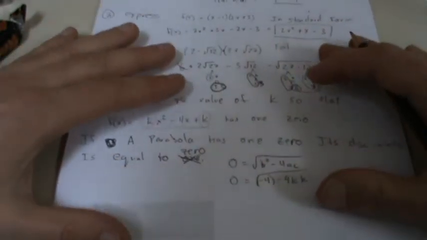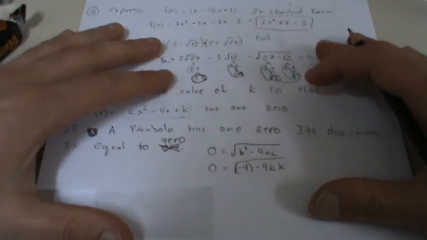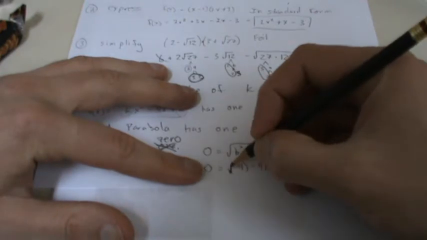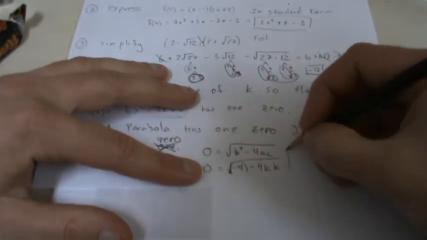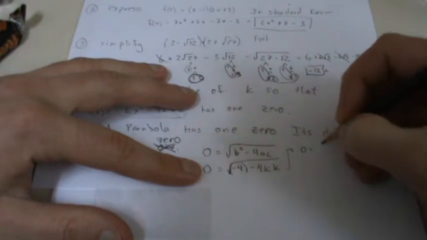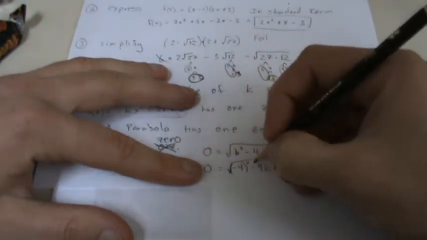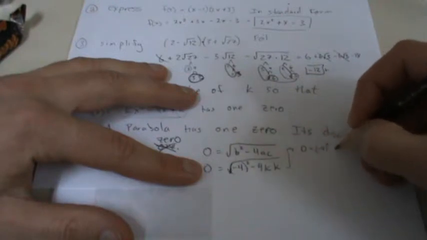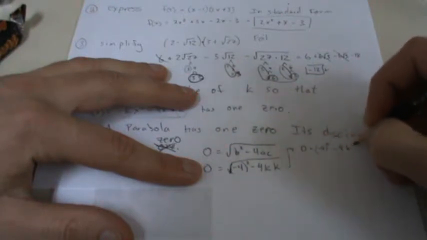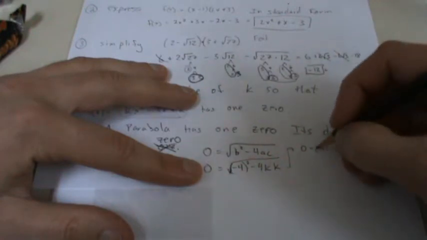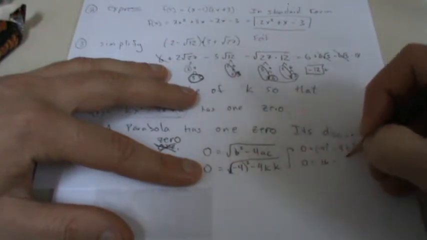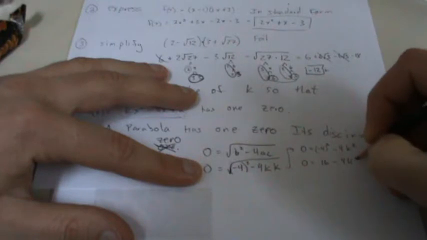Now I have to solve this equation for k. So 0 is equal to negative 4 squared minus 4k squared. And so it looks like I've got 0 is equal to 16 minus 4k squared.